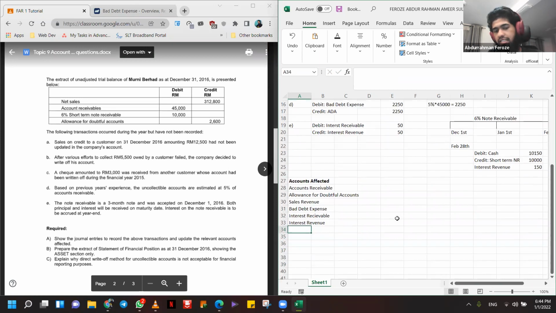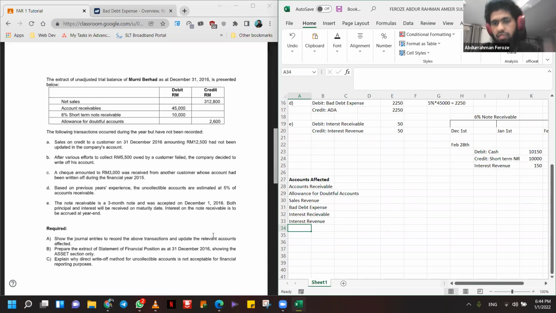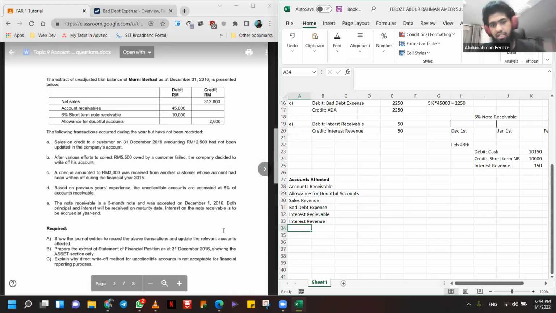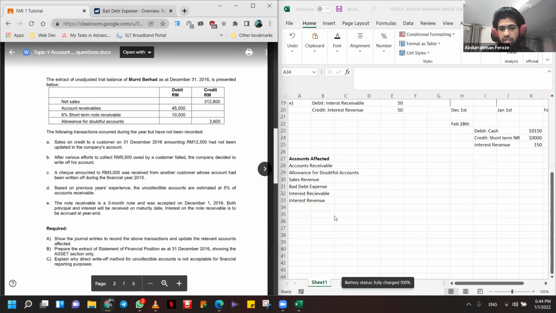So basically, they're asking us to update the relevant accounts. You have to show each of them with a T account, right? So how each of these accounts was affected by the transactions that we have just generalized. We have to show that very clearly.